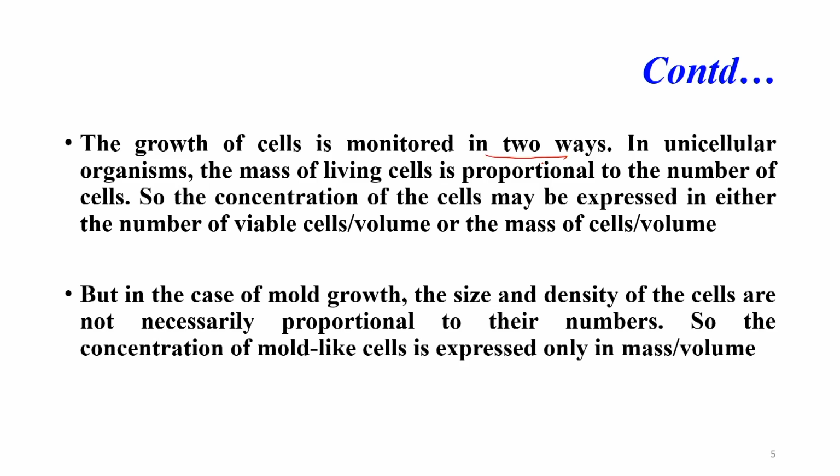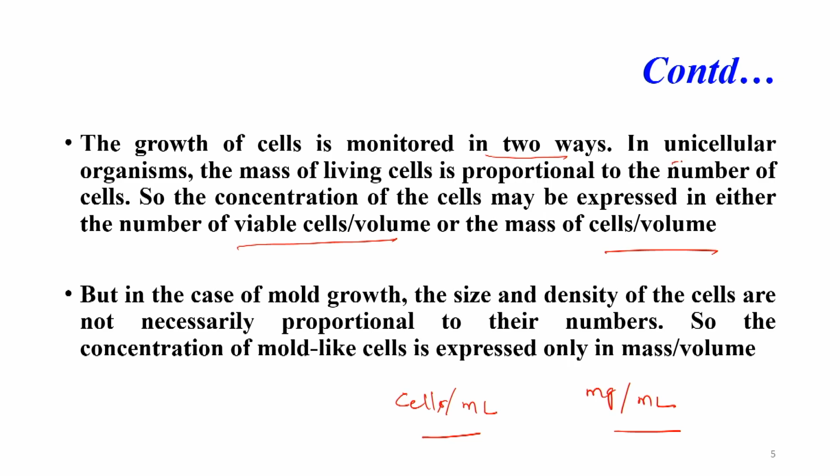Now, we have discussed this also. You can see the growth of cells in two ways. In one case, you can see the number of cells per ml. In the other case, you can see the weight of cells, milligram per ml or per liter.